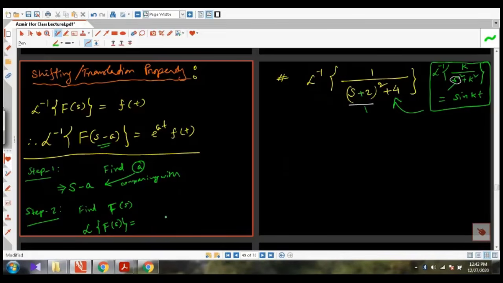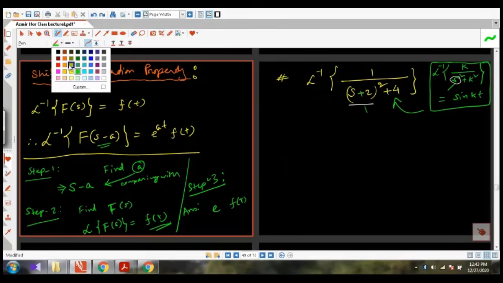It will be f(t). Step 3. Finally the answer of the main function will be this f(t) with e power a t, whatever a you have found previously. So that will be your final answer.